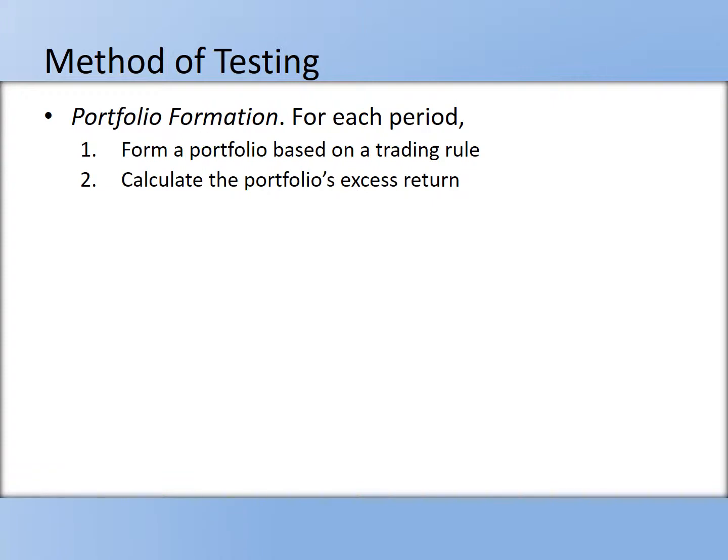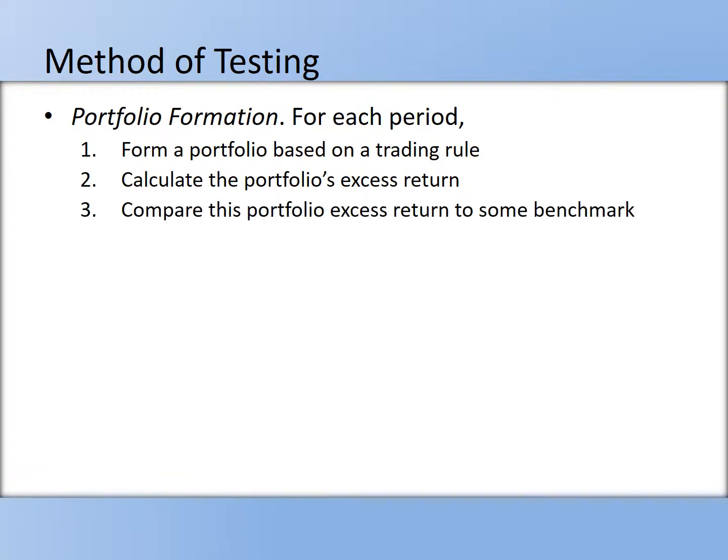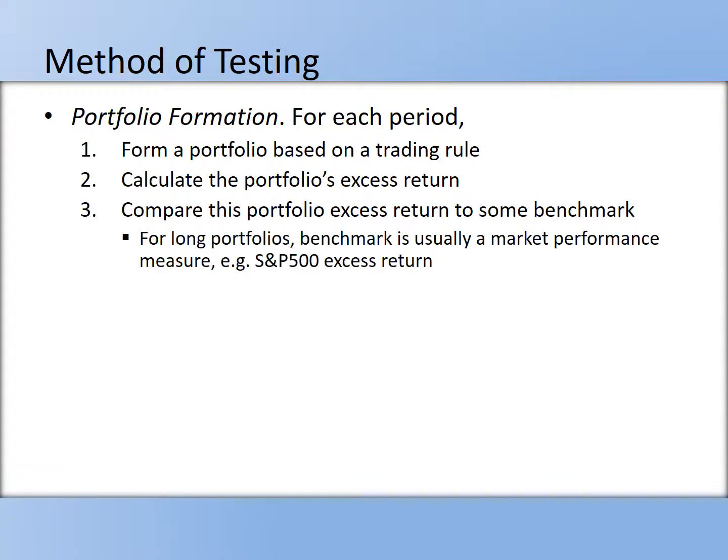So generally, the idea of testing a trading rule by portfolio formation is to form a portfolio based on the trading rule, calculate the portfolio's excess return, and compare this portfolio excess return to some benchmark. For long portfolios, for portfolios where you hold stock, the benchmark is usually a market performance measure. For example, for simplicity, you can use something like the S&P 500.